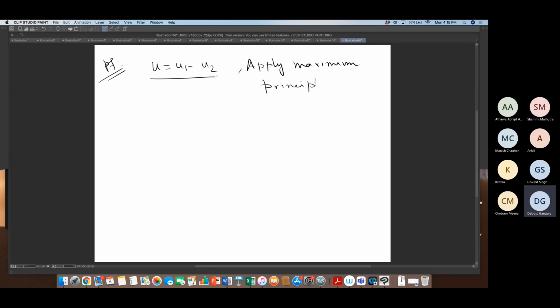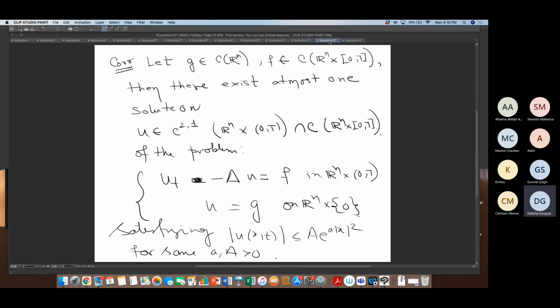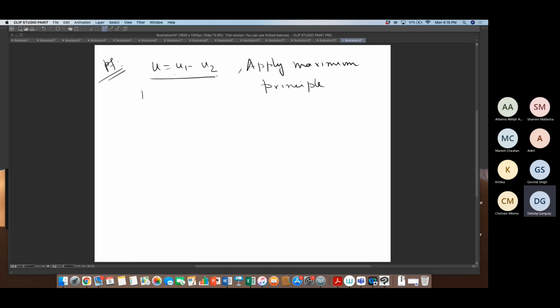Always remember that for u1 minus u2 you have to satisfy this condition. Of course, mod of u is less than mod of u1 plus mod of u2, that is less than some constant A tilde e to the power a mod x squared. Otherwise, you cannot apply it.